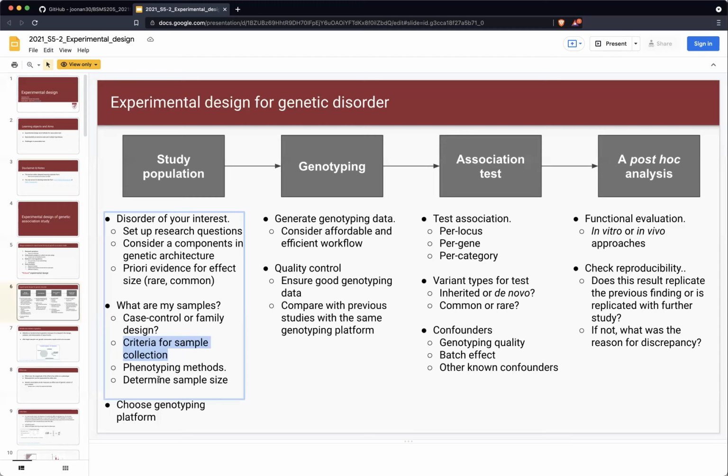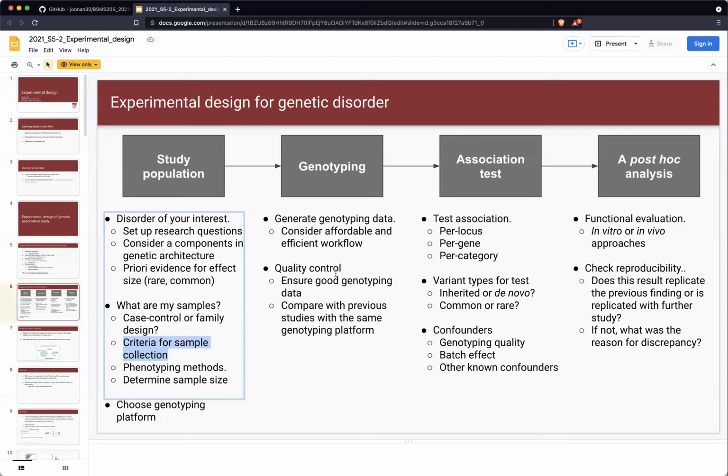Okay, so once you set up the experimental design and the population, then you can move on to the genotyping, right? So, the actual genotyping exercise. You generate the genotyping data set and also think about the pipeline, and one more thing you must consider is quality control. The data set always has some ups and downs in the measurement process, so you have to make sure all good data is coming into your data set, and that process we call quality control.